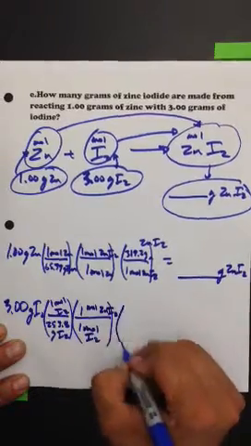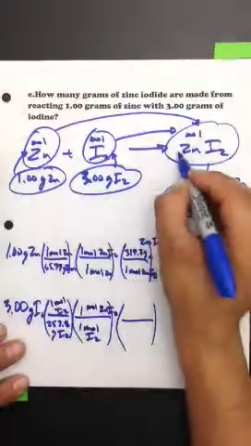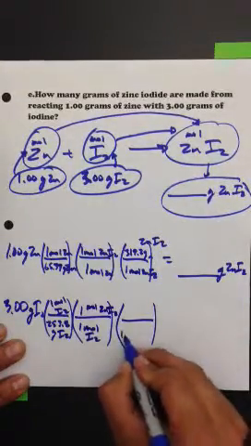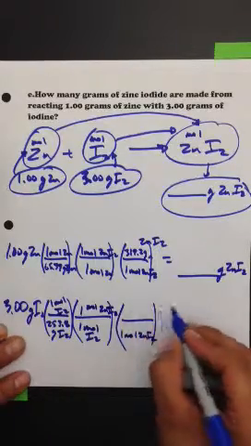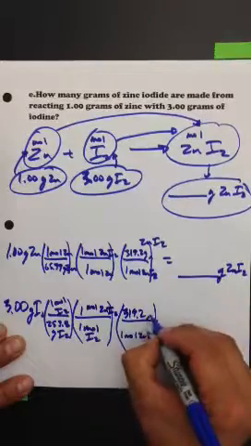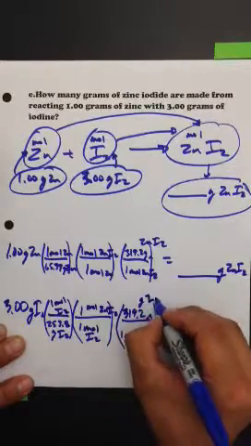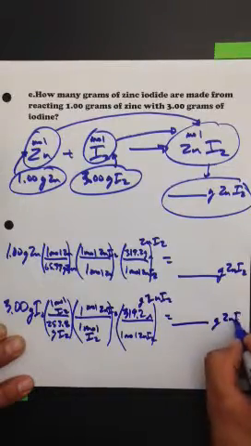And you know, hey, if you have a more complicated ratio, just put the numbers, the coefficients, the numbers that are in front of there. And now we'll go to 1 mole of ZnI2 is how many grams? What is it, 319.2? We're going to see how many grams of zinc iodide are made.